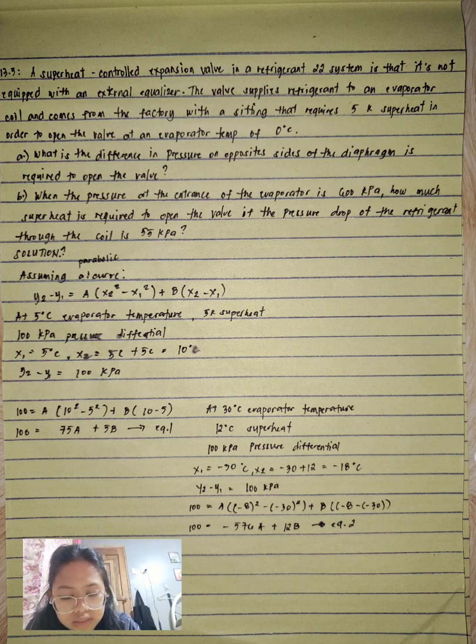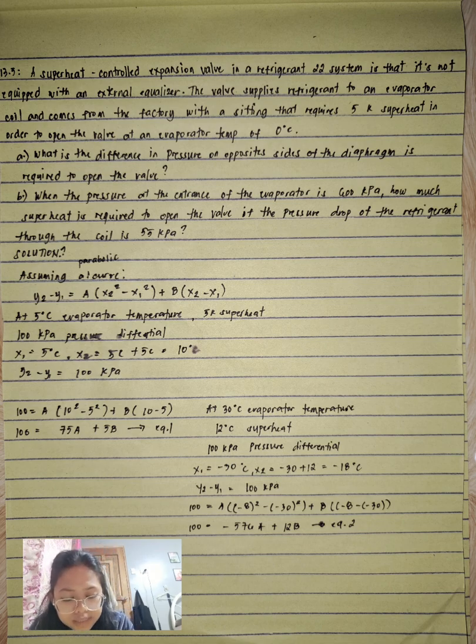At negative 30 degrees Celsius evaporator temperature, 12 degrees Celsius superheat, 100 kilopascal pressure differential, x sub 1 is equal to negative 30 degrees Celsius. X sub 2 is equal to negative 30 plus 12, which is negative 18 degrees Celsius. So again, y sub 2 minus y sub 1 is equal to 100 kilopascal.